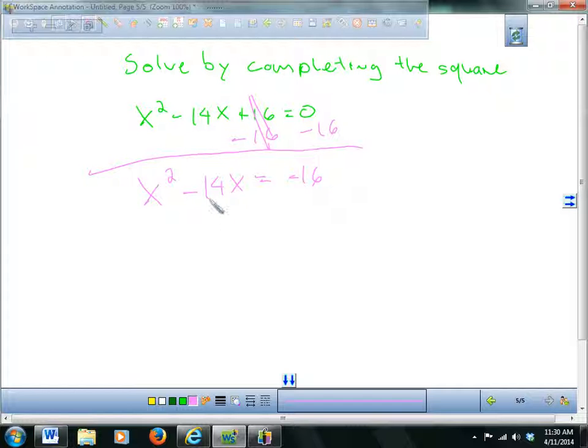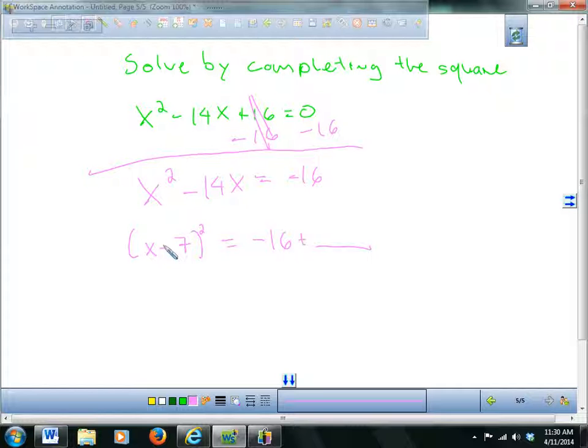All I have to do is take x minus half of this. Okay? What's half of that? 7 squared. Because I'm on the right, equals negative 16 plus something. When I rewrote x squared minus 14x as this, what have I added to this side of the equation? 7.